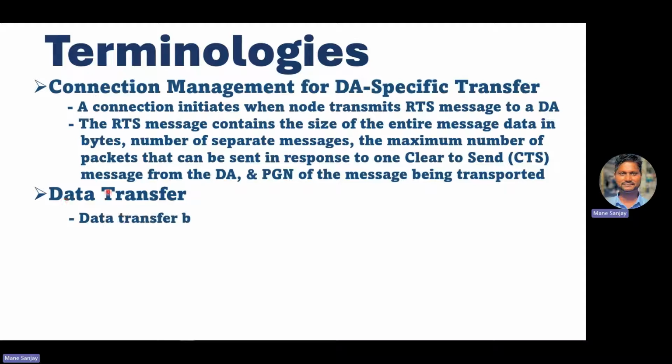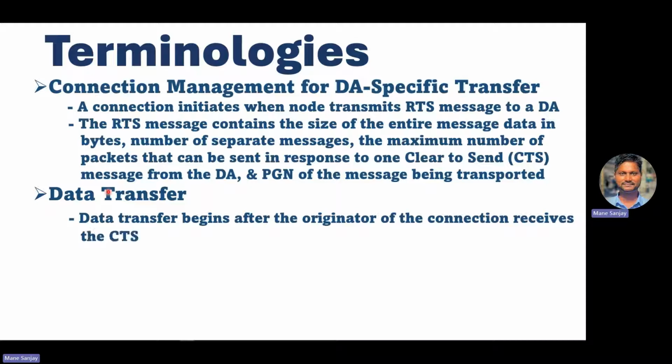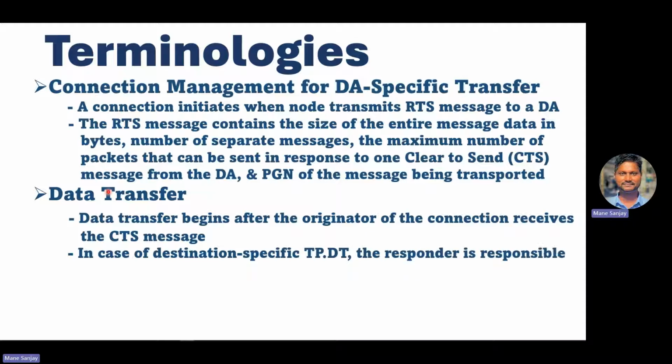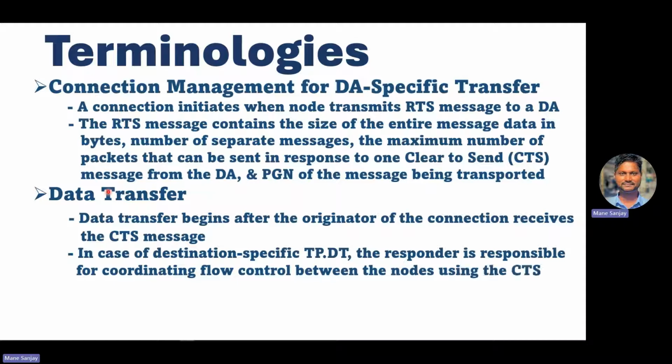Next, the data transfer. The data transfer begins after the originator of the connection receives the clear to send message. In the case of destination specific TP.DT, the responder is responsible for coordinating flow control between the nodes using the clear to send. So again, the data transfer begins after the originator receives the clear to send.